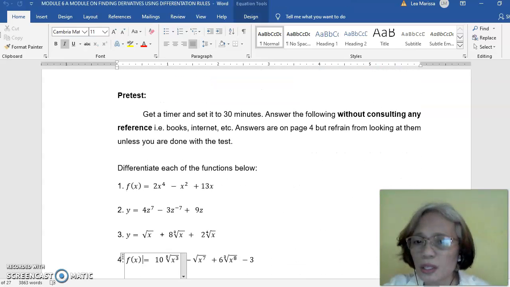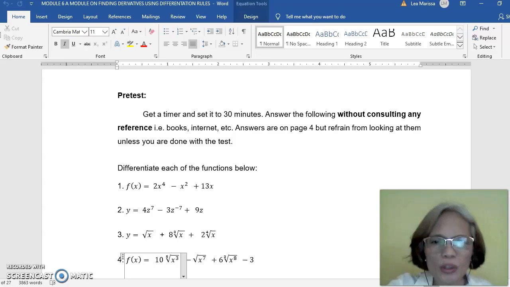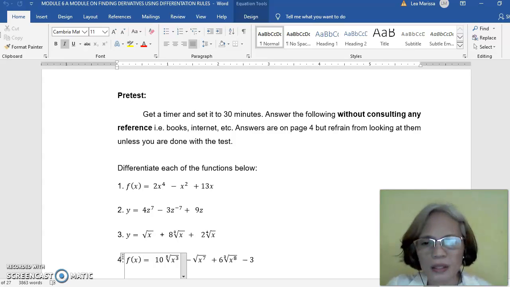For the pretest, which is the 4th component, there is an instruction: get a timer and set it to 30 minutes. Answer the following without, I highlighted it, without consulting any reference. Again, the module is self-contained, so the learners do not need books, internet, etc. I mentioned that answers are on page 4, but the learner should refrain from looking at them unless he or she is done with the test.